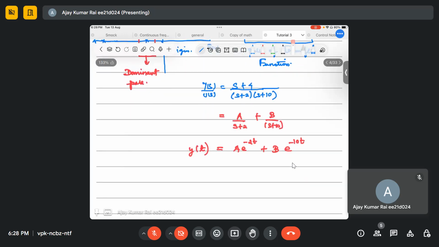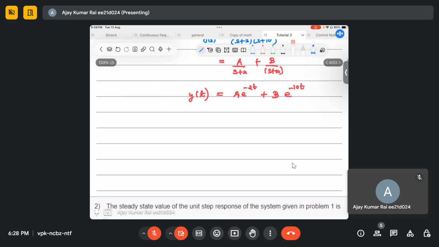Okay, and also if you see its graph, if I don't know what a and b are, let's assume that a and b are both equal to 1.